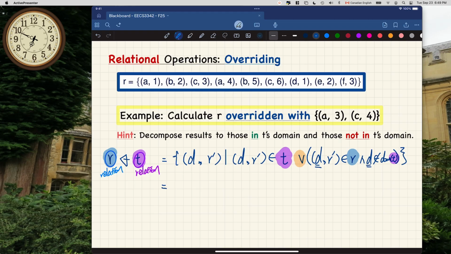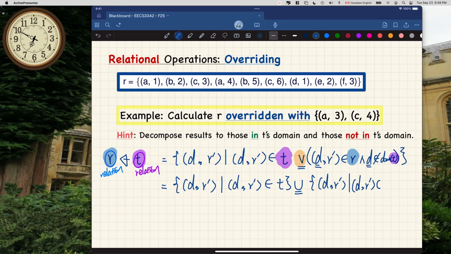It's a union of two sets: the set of D, R prime such that D, R prime is a member of T, union, since I turn this disjunction into union, the set of D, R prime such that D, R prime is a member of R and also D is not a member of the domain of T. Like that, it's a union.